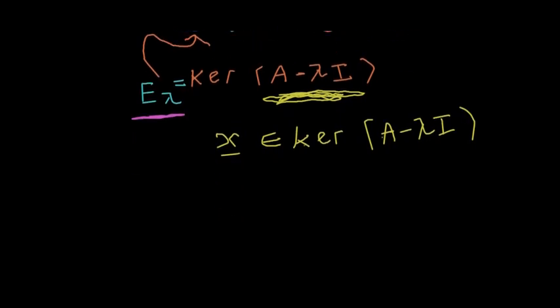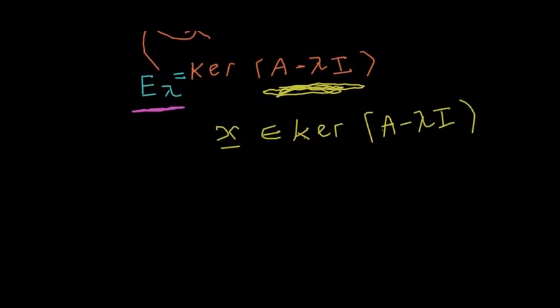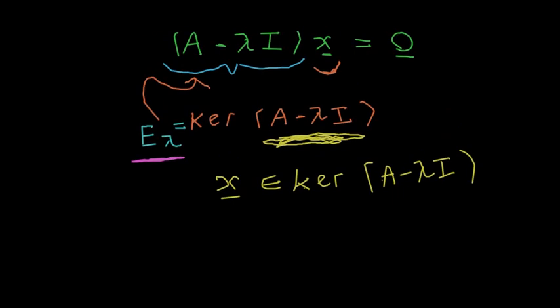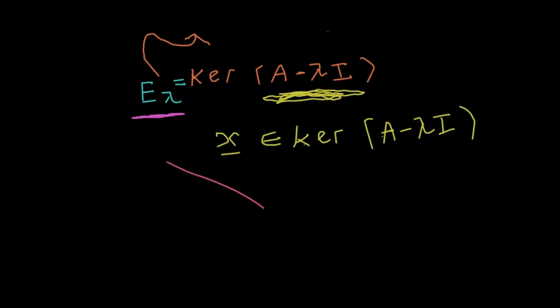And the lambda such that the kernel is non-trivial are the eigenvalues. So the question is, is there an easy way to find these lambda? Well, yes, because what do we know? We know that when the kernel of a matrix is non-trivial, the determinant is 0.